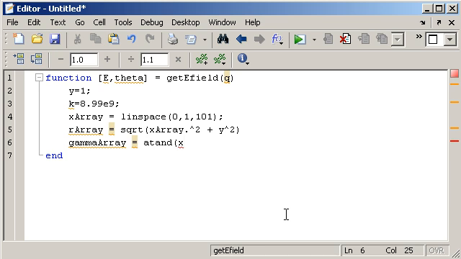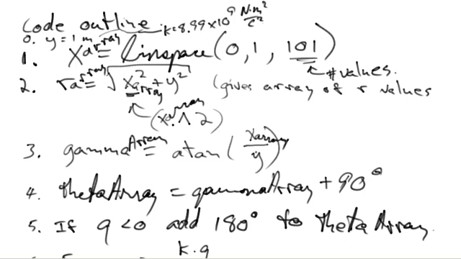So it would be x array over y. I chose that angle so I wouldn't run into the 0 in the denominator, divide by 0 situation. So let's see, x array over the y value.